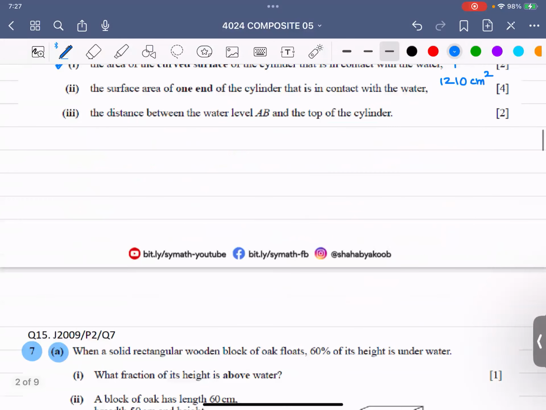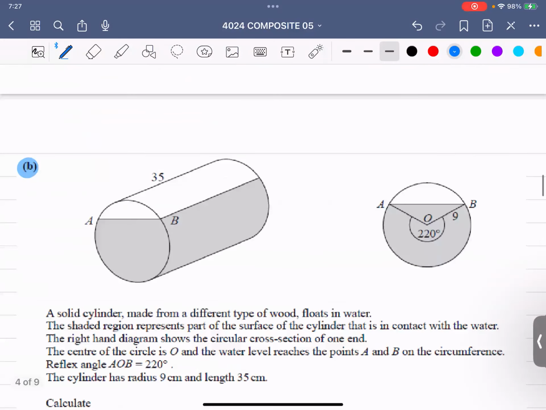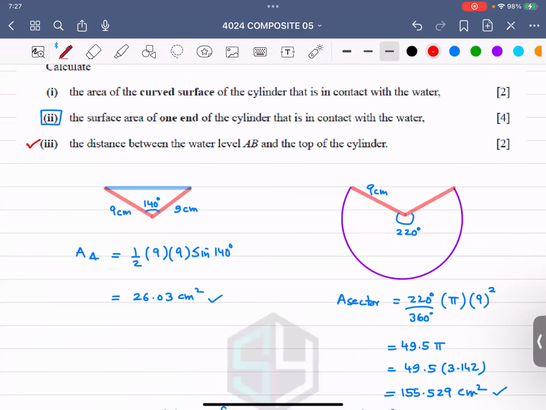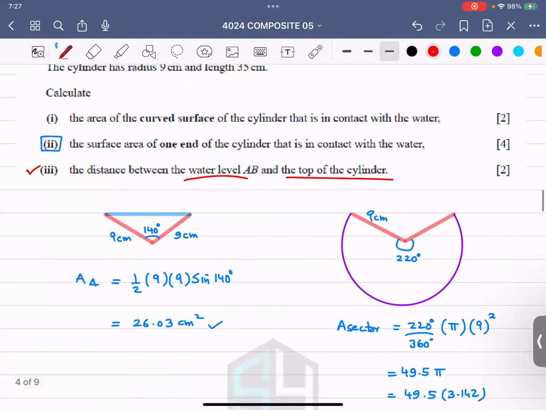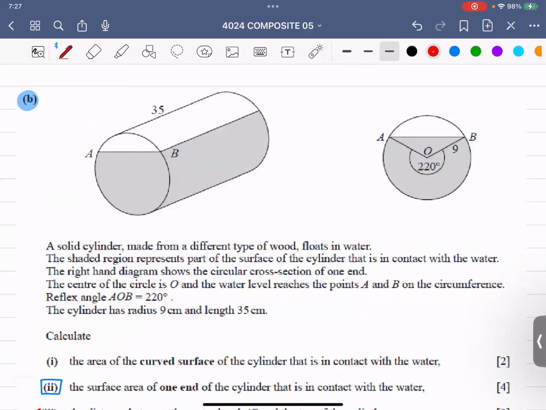Now let me move on to the last part, which says the distance between the water level AB and the top of the cylinder. We are interested in this distance. Let's call this distance D. Now we know that OA is the radius, OB is the radius, and this also will be the radius.